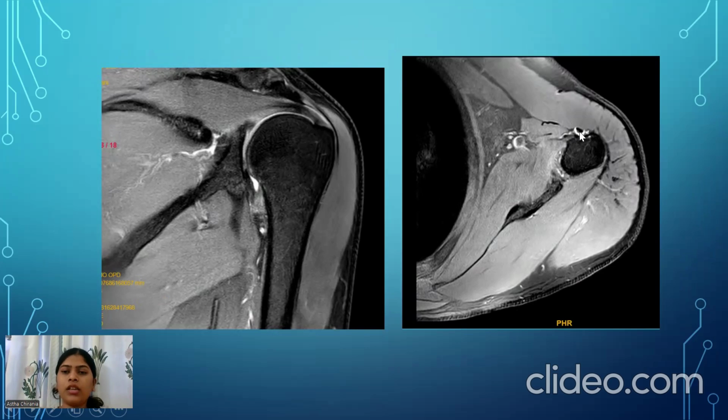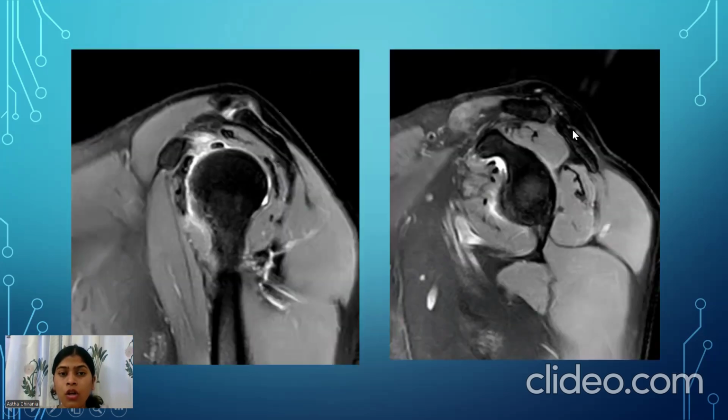Here we can see fluid signal intensity in the bicipital groove consistent with tendinosis of the bicipital groove. Here we can see type 1 acromion in the sagittal image, and also fluid can be seen in the subscapular recess.